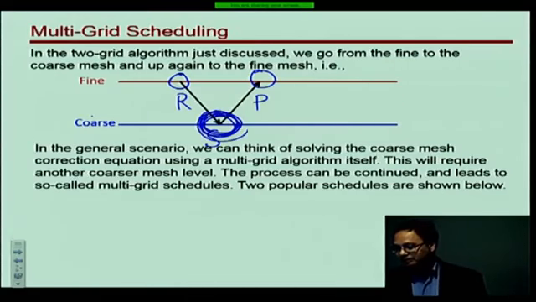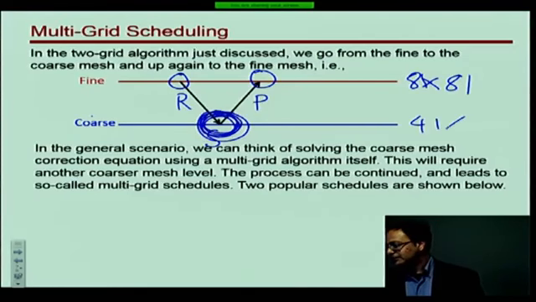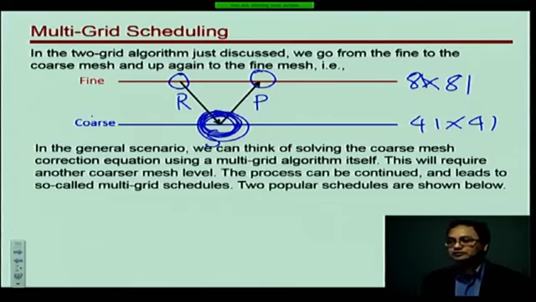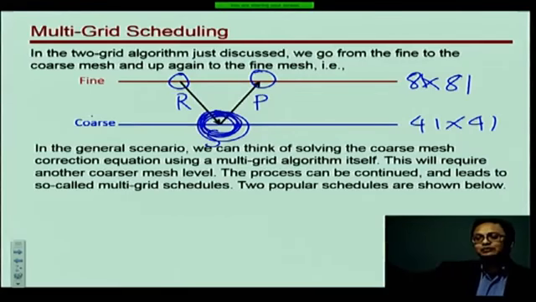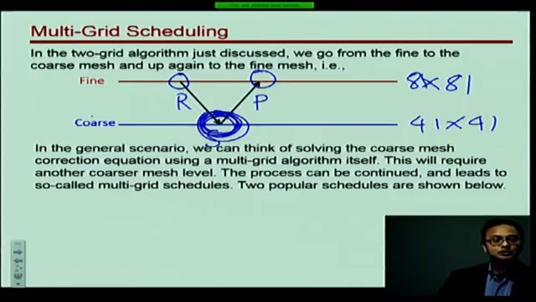Here we are solving a set of 41 by 41 equations. That 41 by 41 set of equations has the exact same problems as the 81 by 81 equations. In other words, its large wavelength components are now going to hold up its convergence, because I'm solving it again using an iterative solver. So the idea in the multi-level multigrid is, well, why don't we use another multigrid to solve that one?